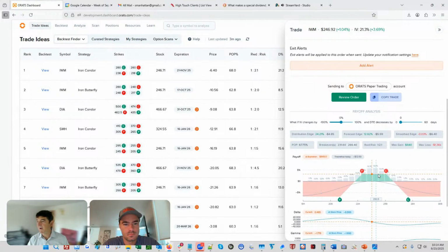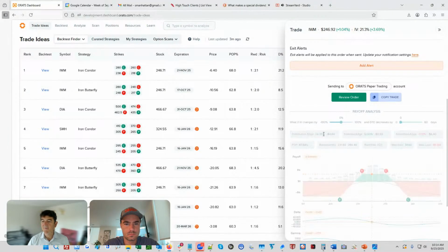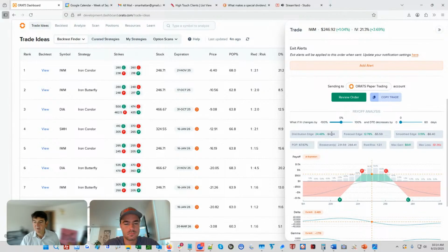Then we overlay the value of the trade at expiration, and we multiply out the probabilities times the value at each probability bucket, and you get a distribution value. That distribution value is pretty low. The distribution only has it worth 484.